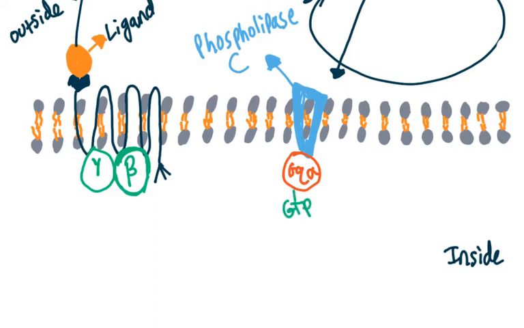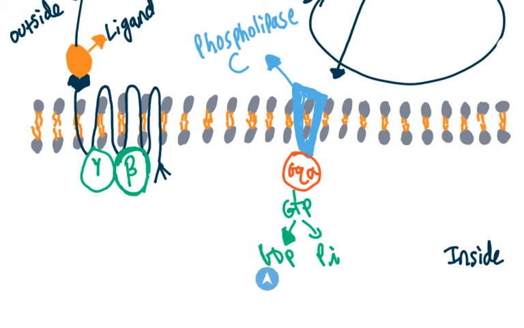Once it binds to the phospholipase C enzyme, the GTP will get hydrolyzed into GDP and an inorganic phosphate. Remember, initially, when our GQ alpha protein was bound here, we had GDP on it, and GDP kept the GQ alpha protein inactivated.